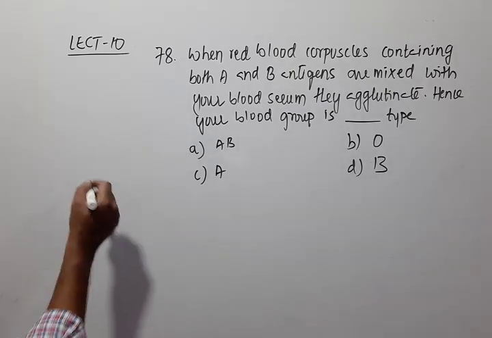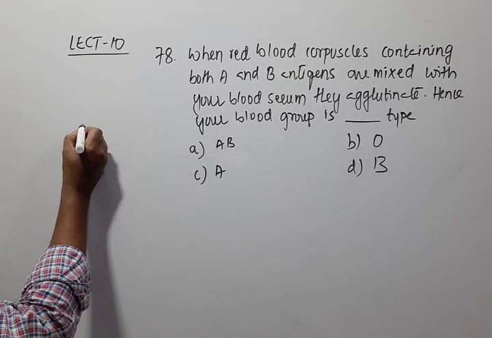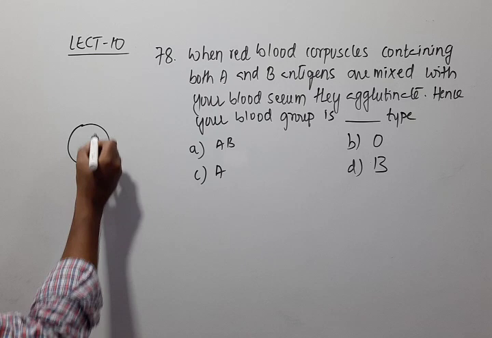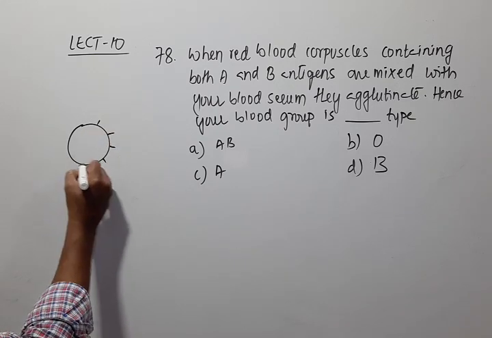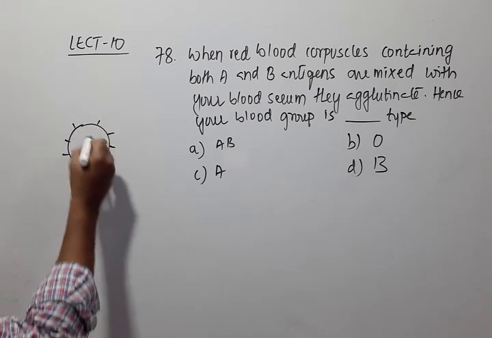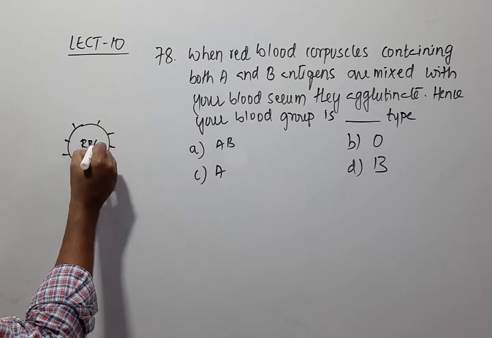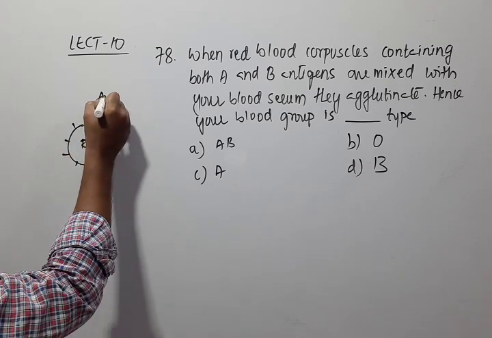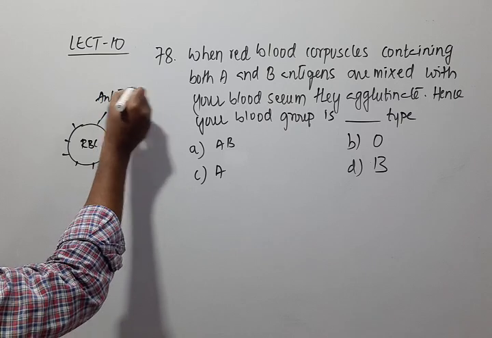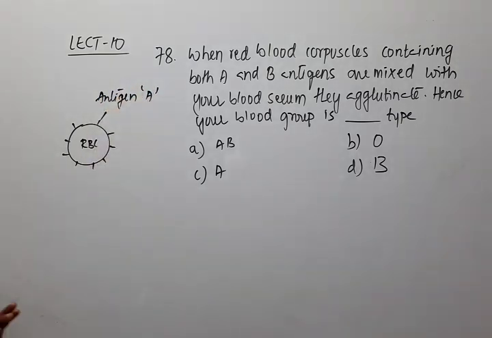So let us see. Already we know that the RBCs have antigens on their surface. Say suppose this is antigen A. So we determine the blood groups based on the presence of antigens.